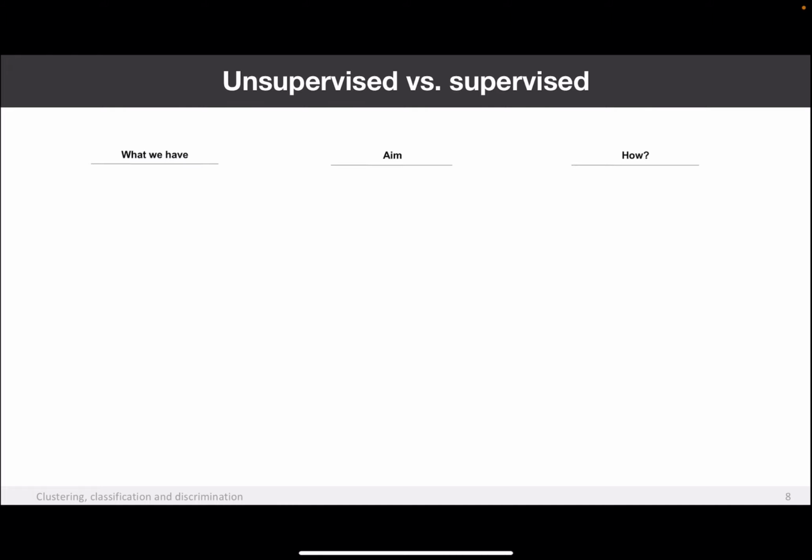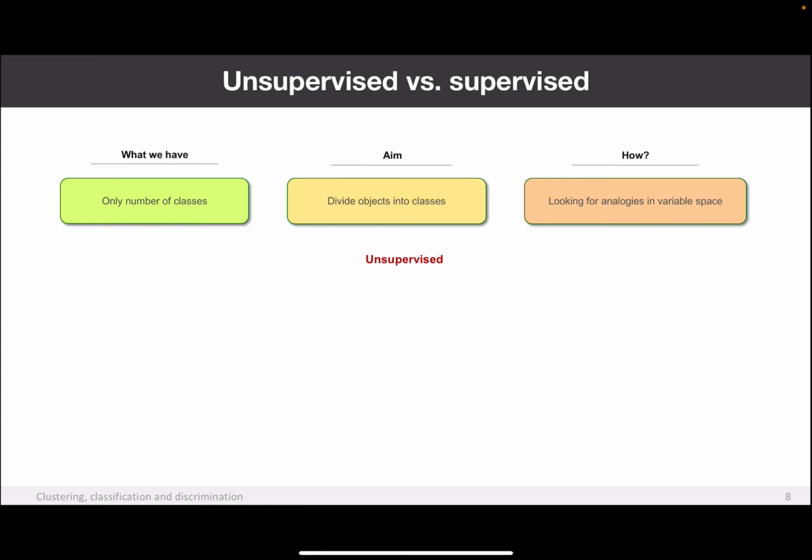Okay. For example, let's say we know only the number of classes, but we don't have a training set. So we have some observations, but we have no idea which class these observations came from. So in this case, we need to use unsupervised methods because we simply don't have enough data to teach our model to recognize different classes, right?